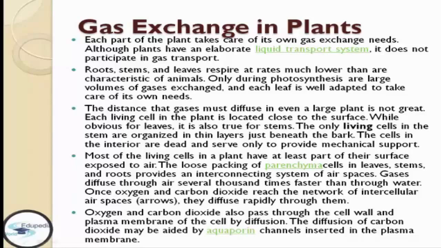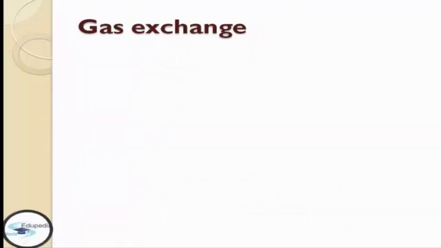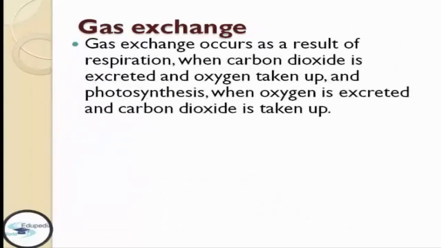The diffusion of carbon dioxide may be aided by aquaporin channels inserted in the plasma membrane. Gas exchange occurs as a result of respiration, when carbon dioxide is excreted and oxygen taken up, and photosynthesis, when oxygen is excreted and carbon dioxide is taken up.